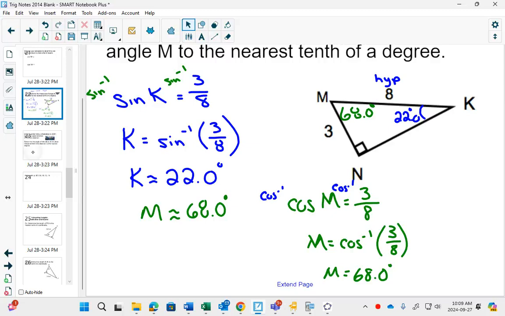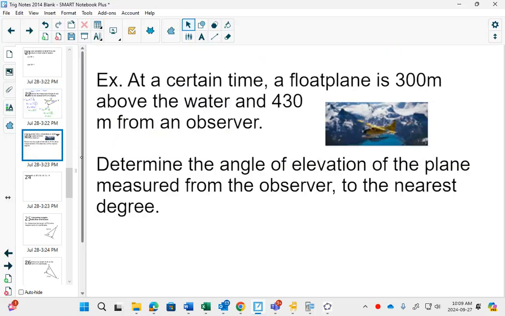All right, let's go to a word problem. A float plane is 300 meters above the water and 430 meters from an observer. We have to draw a triangle. Usually for real life problems, it's like you're taking a look at this from the side.